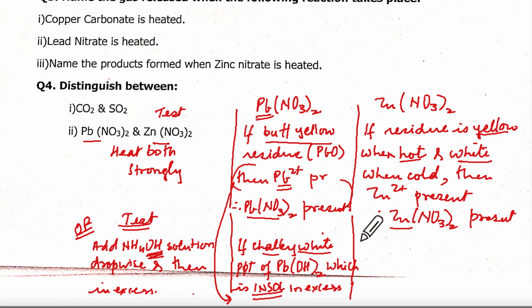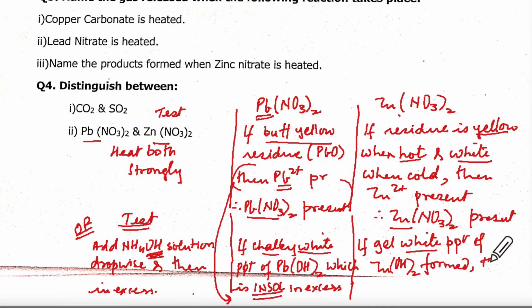And for Zn, what will you get? Zn will take OH. Then what will it form? Zn(OH)2. So a gelatinous white precipitate of Zn(OH)2 formed, which is soluble.